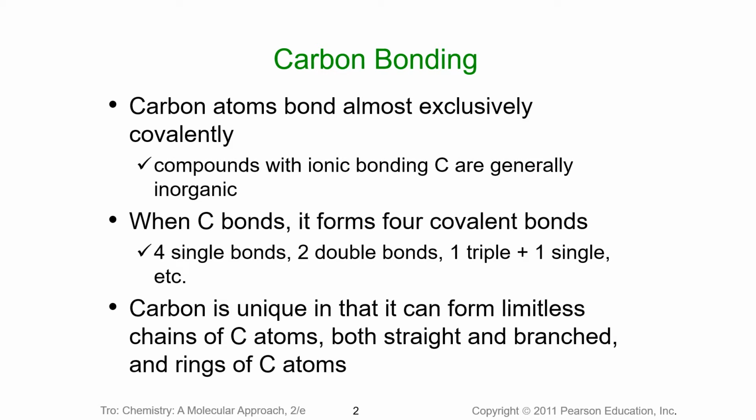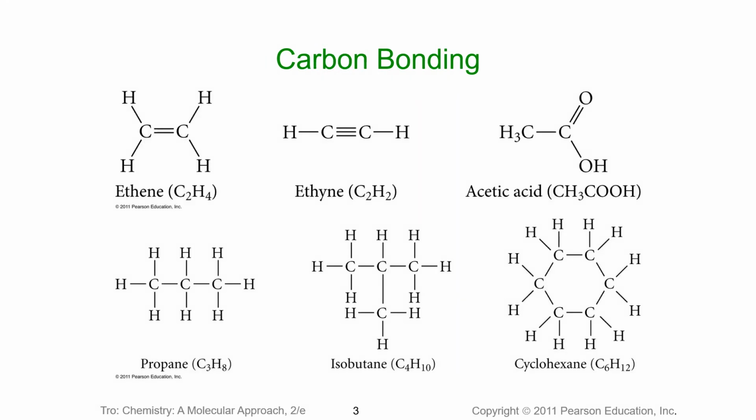And we can adjust its properties to what we want based on how it's bonded together. So carbon does like to form 4 bonds. Here's some examples. Now I do want to share with you naming.